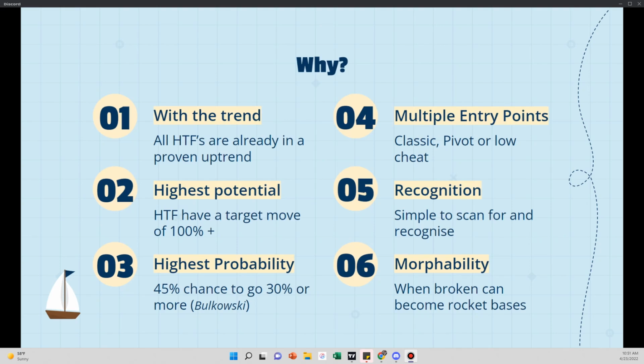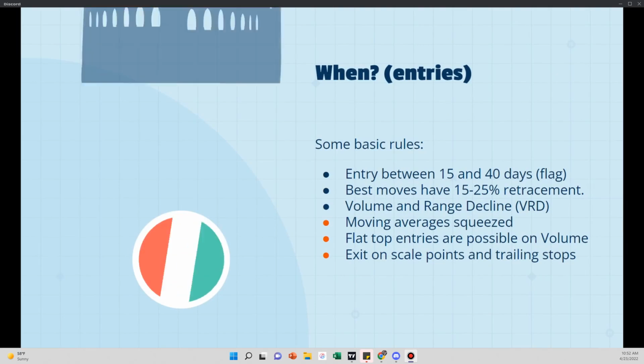So that's the whys, and I think they're all pretty valuable points, and they certainly are for me, because I want to spend my money, my energy and my time when I'm analysing things on the things that have the highest potential move, the highest probability of making that move, and take me the least amount of time to analyse and work out what I'm doing with. They're kind of proven, if you like. So that's essentially why I trade them.